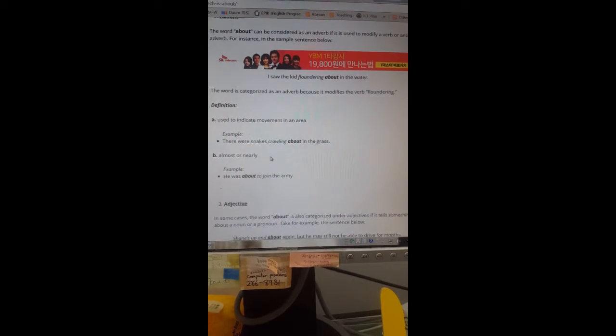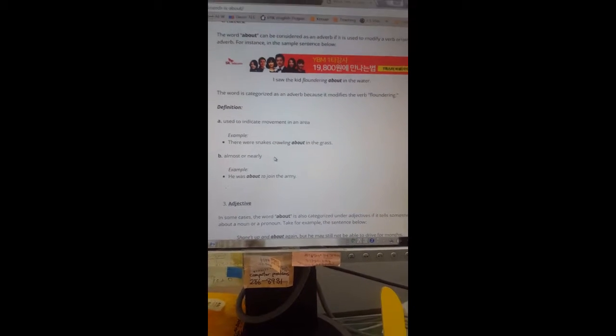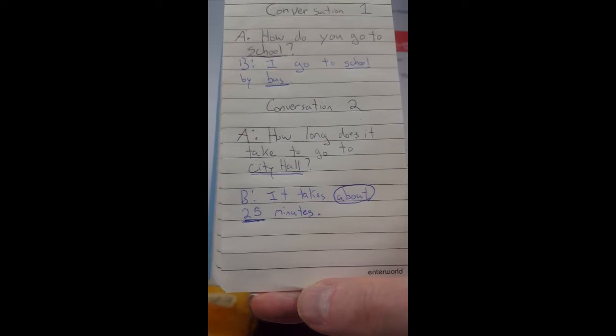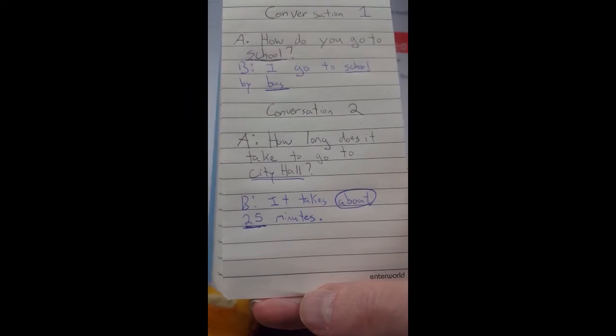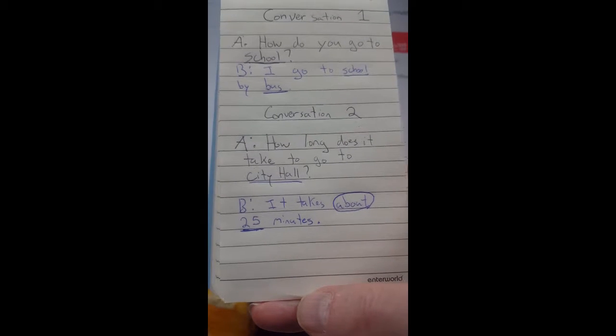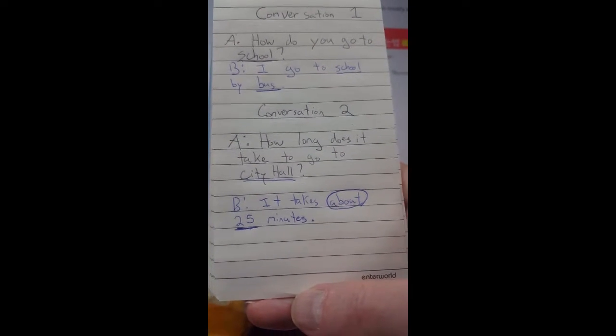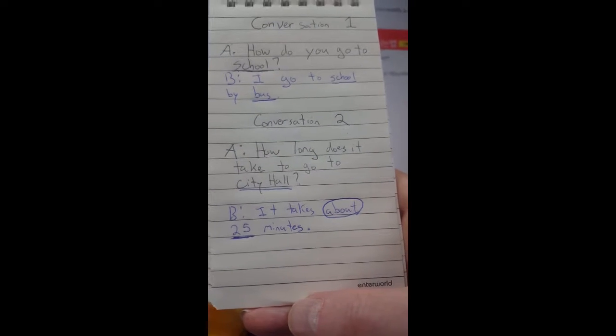I look back at my sentence one more time and I decide, well, about is modifying 25, which is modifying minutes. So minutes is a noun, 25 is an adjective. That means about is modifying an adjective, which makes it an adverb.